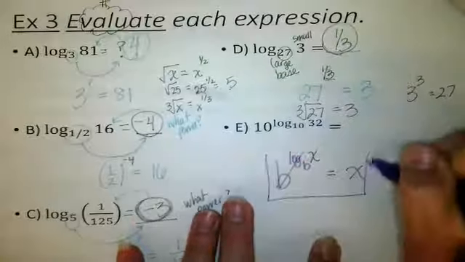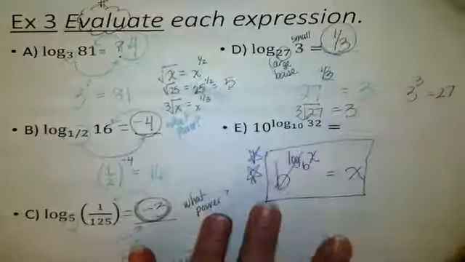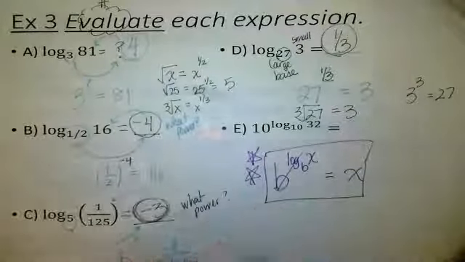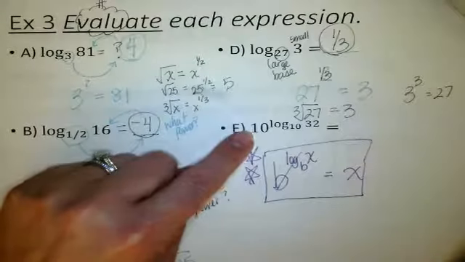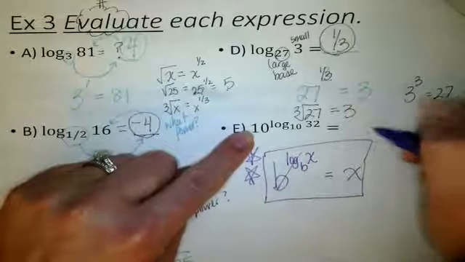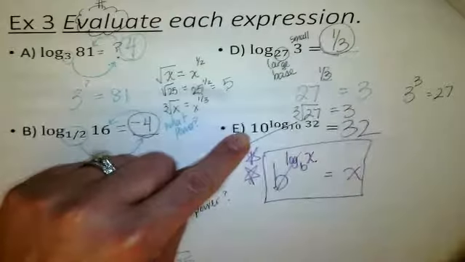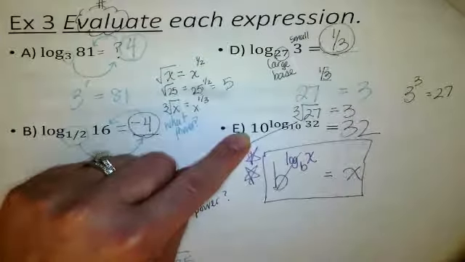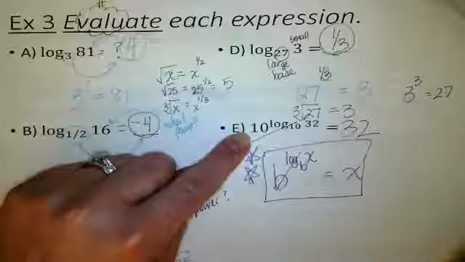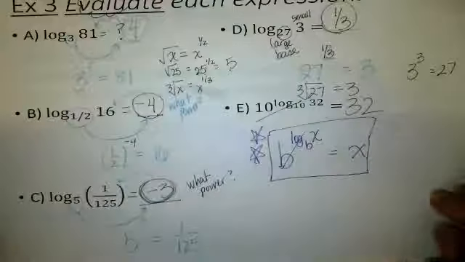That is a rule. I never teach it because I don't use that method for solving. So looking at 10 to the log base 10 of 32, what do you think that equals? Just 32. The 10 to the log base 10 just cancels out. It's a cancellation property, but I don't teach logs that way.